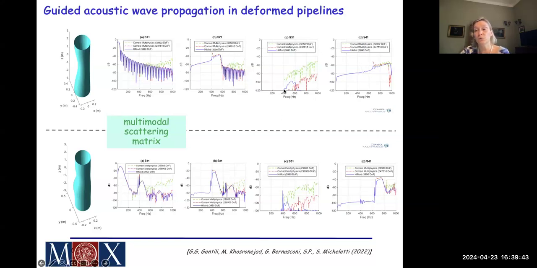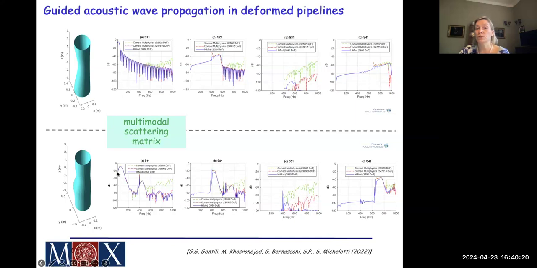While, okay, S31 is a little bit problematic because ideally this component should be equal to minus infinity, since the mode is not excited by the deformation. And what we recognize is that the green line is not reliable as for the other choices of the scattering matrix components, while the blue line and the green one are doing something which is not so reliable, but I think also interesting from a physical viewpoint.